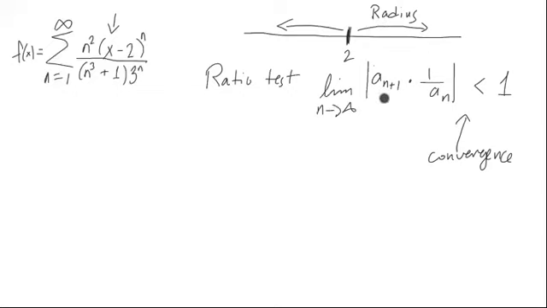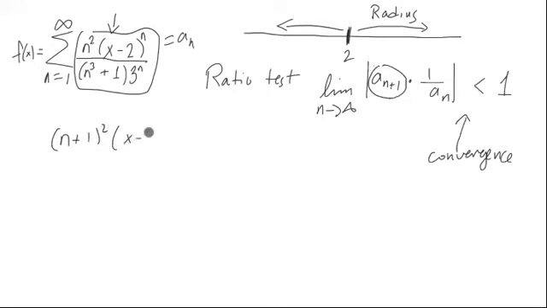So let's get going. How we first figure out a sub n plus 1 is by replacing n everywhere. Think about this as being like a sub n. What we do is we replace n everywhere with n plus 1 to get a sub n plus 1. So we would have n plus 1 squared times x minus 2 to the n plus 1, all over n plus 1 quantity cubed plus 1, times 3 to the n plus 1.